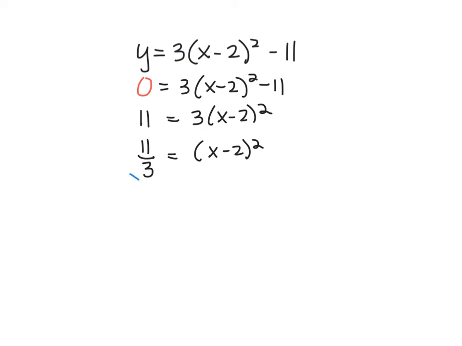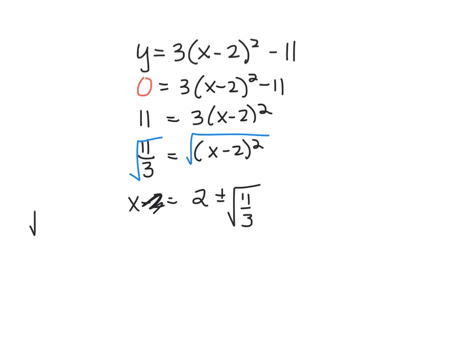I'm going to take the square root of both sides. I'm going to add that to here. So my two solutions are 2 plus the square root of 11 thirds and 2 minus the square root of 11 thirds.